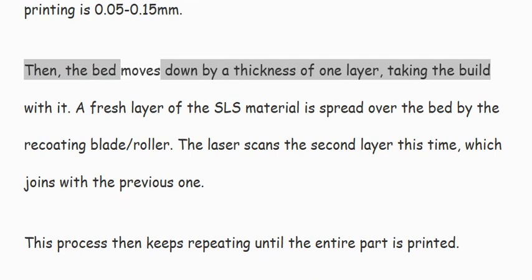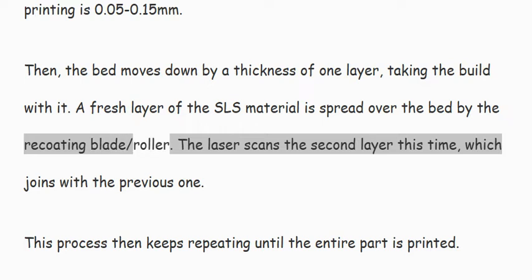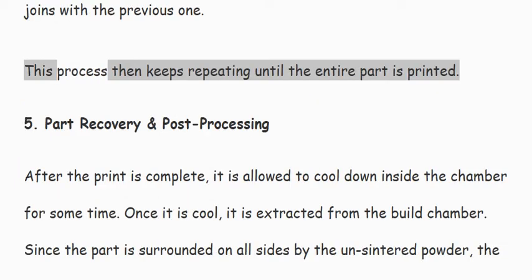Then, the bed moves down by a thickness of one layer, taking the build with it. A fresh layer of the SLS material is spread over the bed by the recoating blade or roller. The laser scans the second layer this time, which joins with the previous one. This process then keeps repeating until the entire part is printed.